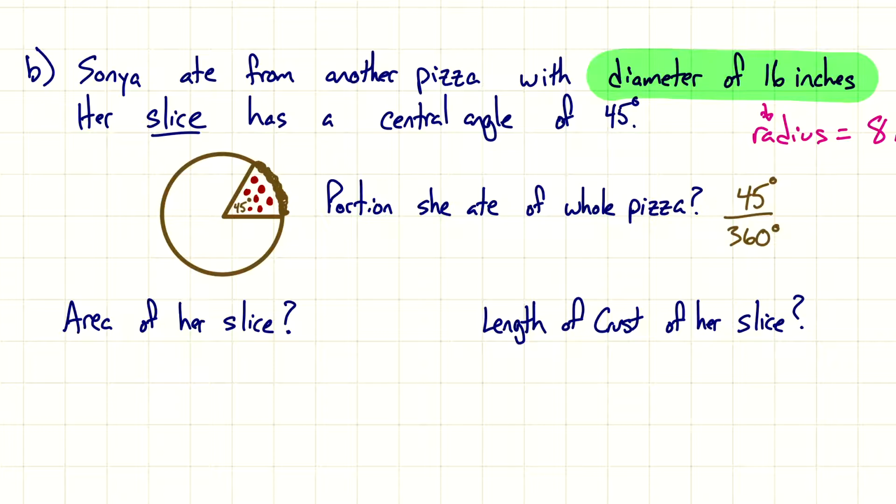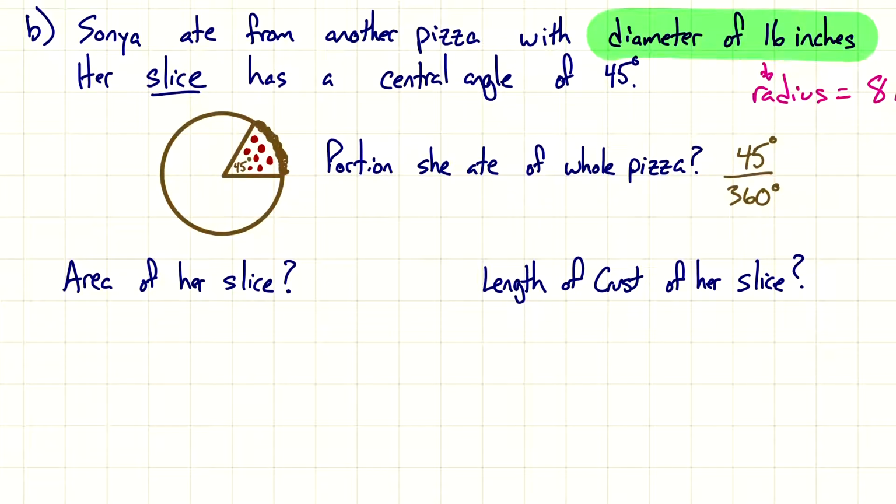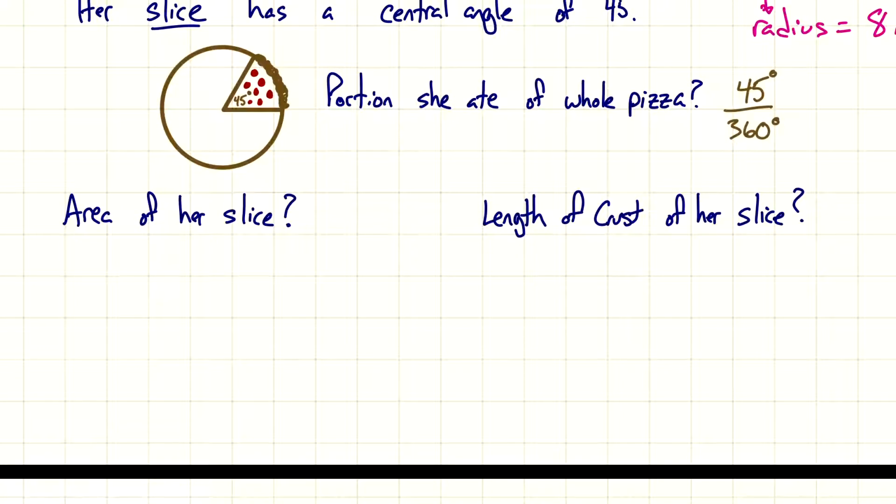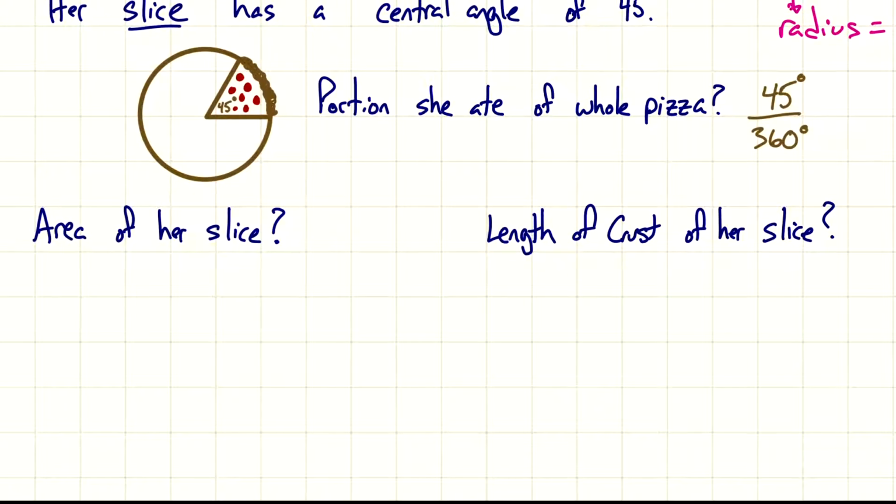But with circles, with angles, it's not out of 100. It adds up to 360 degrees. So this will give us the portion of the full circle. All right, so let's use that information to calculate the area of her slice and the length of crust of her slice. So I'm going to set this up for you and then ask you to answer this as well.